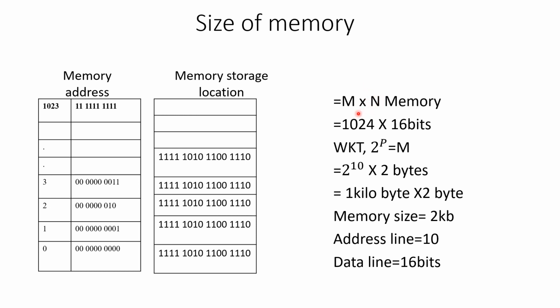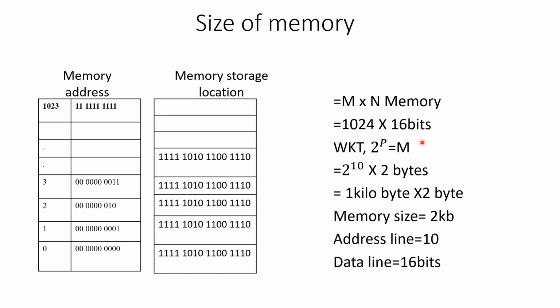Here the number of memory locations is 1024, given as 0 to 1023. So it is equivalent to 1024 into 16-bit data per location. In this diagram, the 0th location stores 16-bit data, the first location stores 16-bit data and the second location stores another 16-bit data.